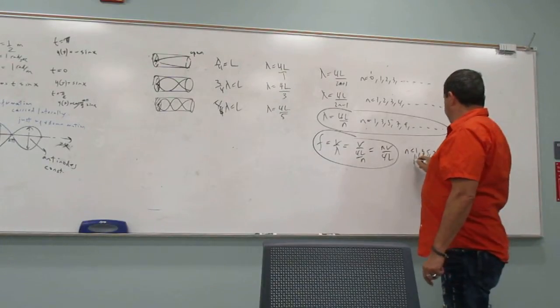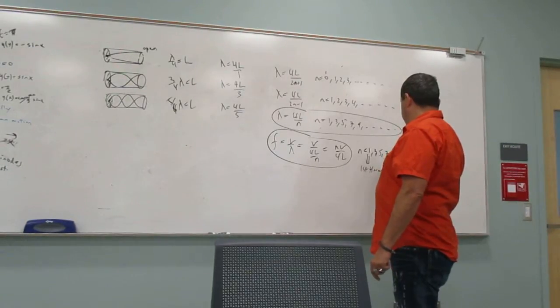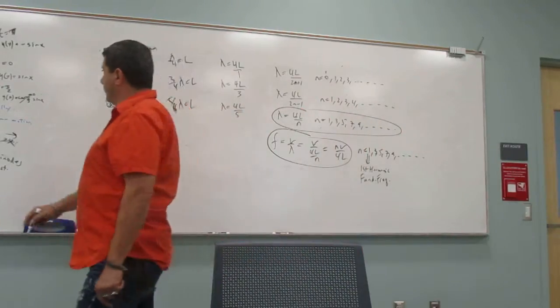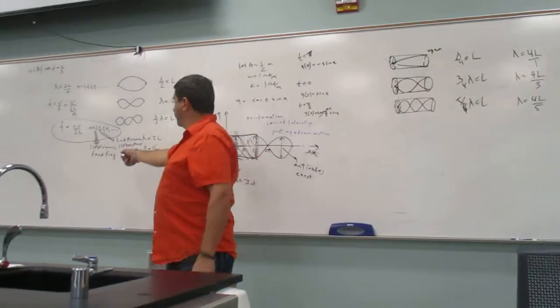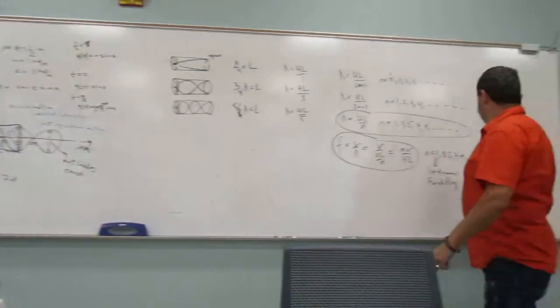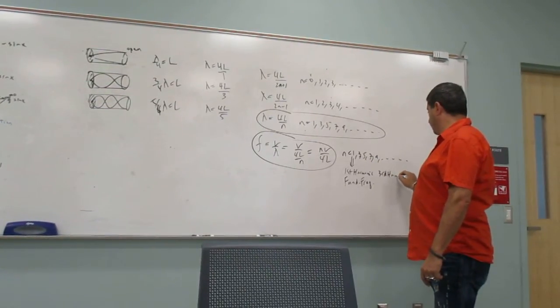So this one is going to be called the first harmonic, fundamental frequency. That's the same thing as we did for that one, first harmonic, fundamental frequency. They both share that. But then the second harmonic is missing, so third harmonic.